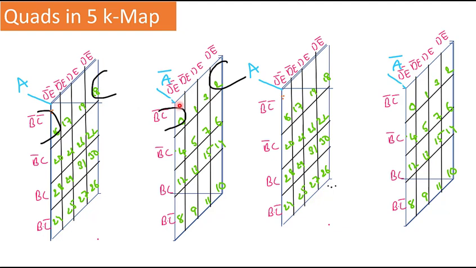In this case, if you look here, this is A and this is A bar. So you are going to eliminate A first.